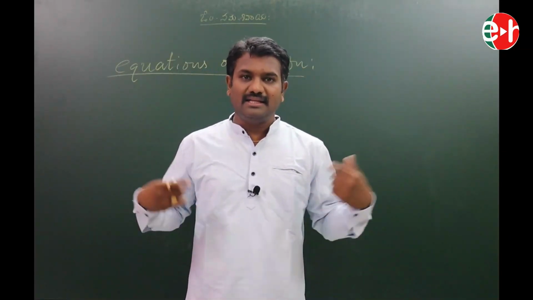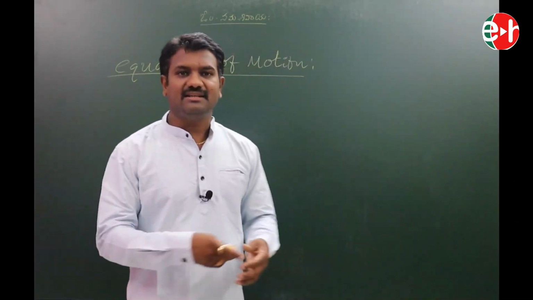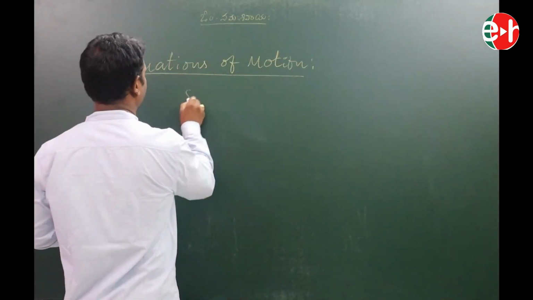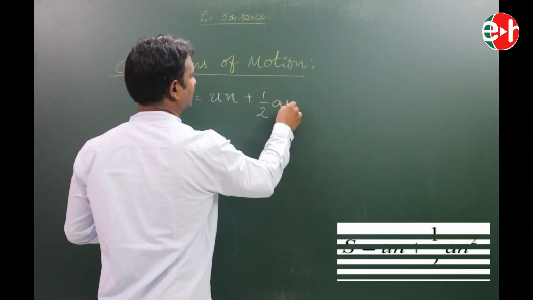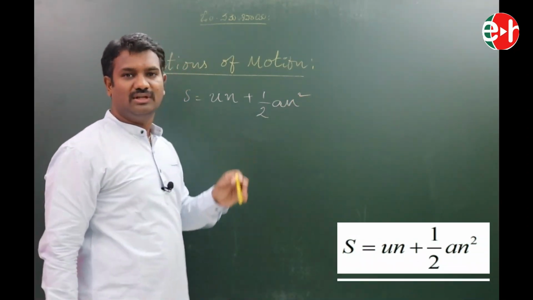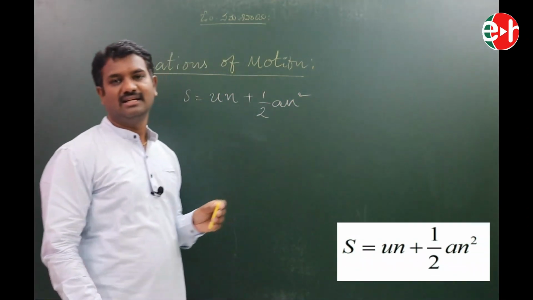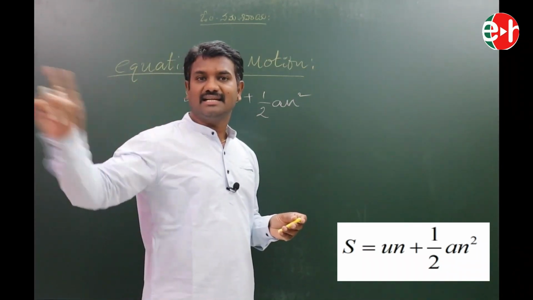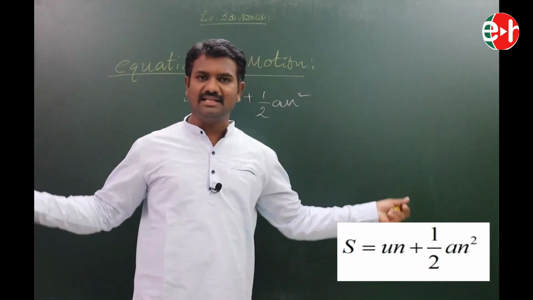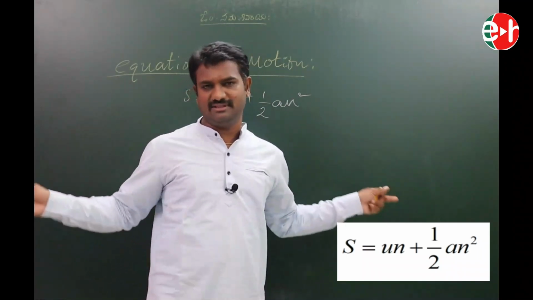So, the distance traveled by a body in n seconds means S is equal to un plus half an square, or S is equal to ut plus half at square. What is this? This is the distance traveled by a body in n seconds, means as a whole, 2 seconds, 3 seconds, 4 seconds, 5 seconds, whatever it is.